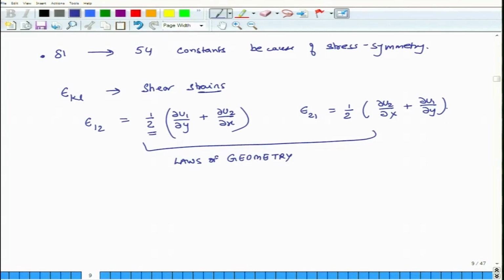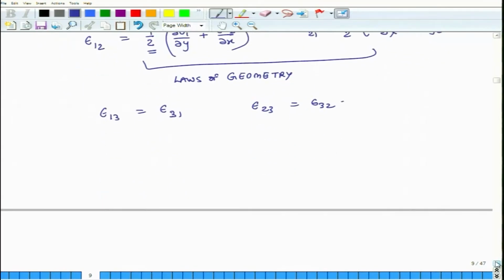So, if these strains are linear in nature, then epsilon 12 is identically equal to epsilon 21 in all cases. Similarly, epsilon 13 equals epsilon 31 and epsilon 23 equals epsilon 32. Which means that we do not have 9 independent strains, but we have only 6 independent strains.